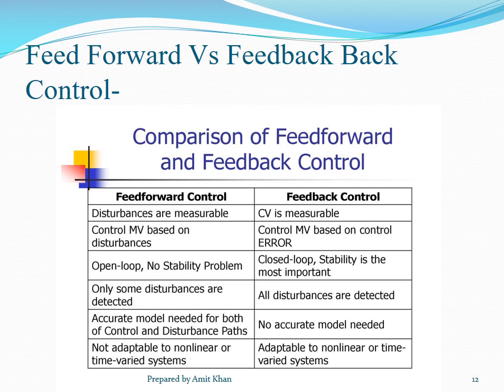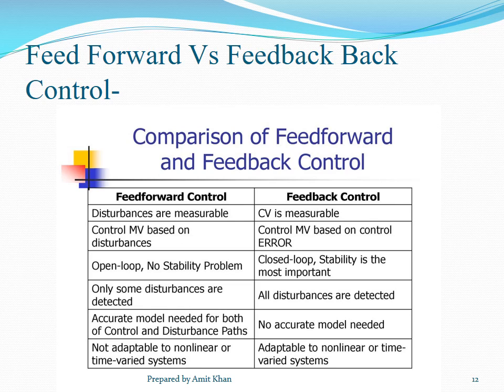Now next comes the comparison of feedback and feed-forward control system. In feed-forward control system, the disturbances are measurable, but in feedback control system, the control variables are measurable. Feed-forward control system controls the measured variable based on disturbances, but feedback control system controls the measured variable based on control error.